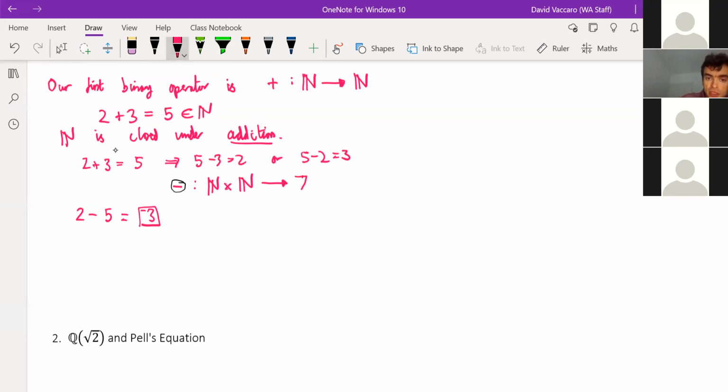It's an integer. Okay, so what we say, and you'll meet this type of language a lot when you go to university if you're a mathmo rather than a physicist, is we say that N is not closed under subtraction.